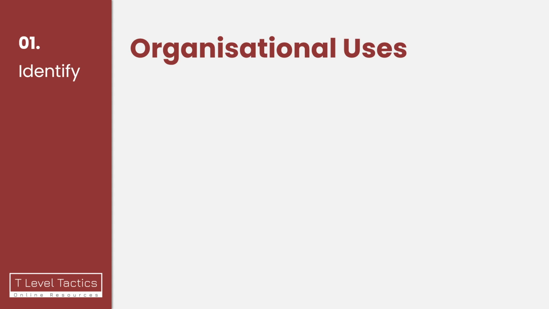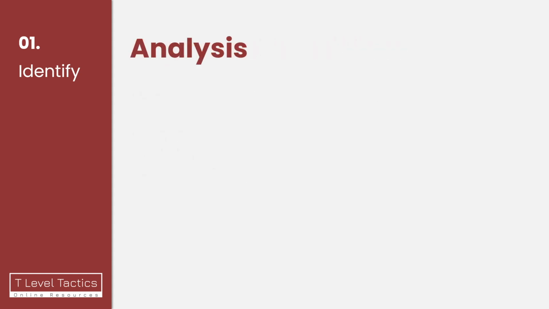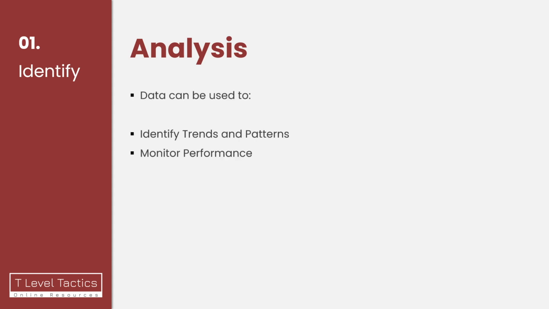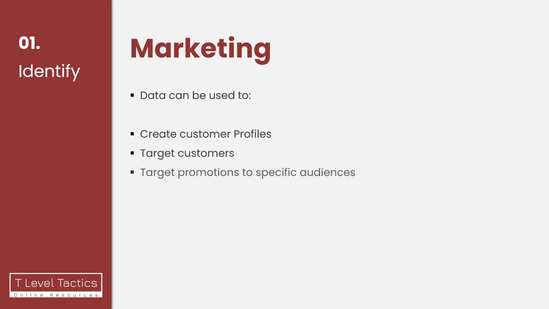Organizations use data in three different ways: for analysis, for marketing, and for operational management. With analysis, data can be used to identify trends and patterns, monitor performance, create forecasts and predictions, and inform decision-making. In marketing, it could be used to create customer profiles, target customers, and target promotions to specific audiences.